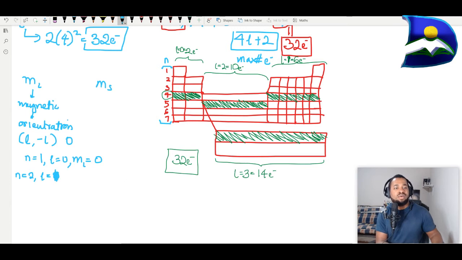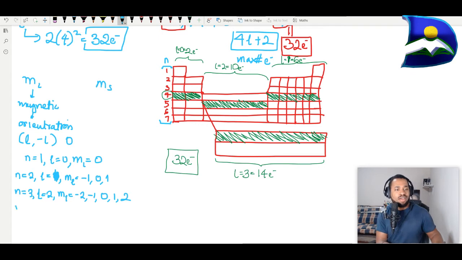And so for our ML, how many different orientations are you going to have right here? We're going to have negative 1, we're going to have 0, and we're going to have positive 1. So we have 3 in here. And then for n equals 3, we have L equal to 2, which means since L is equal to 2, our ML will be equal to, in this case, negative 2, negative 1, 0, 1, and 2.